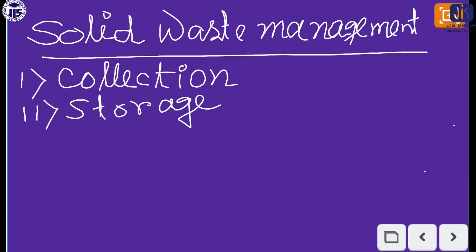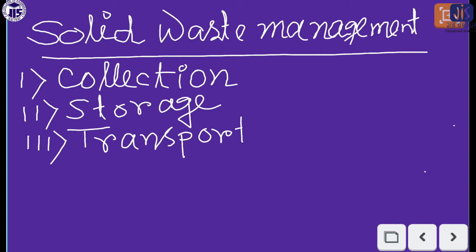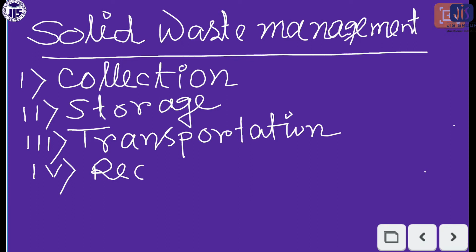What is the third step? The third step is transportation. Now the fourth step, a very important step, is recycling.